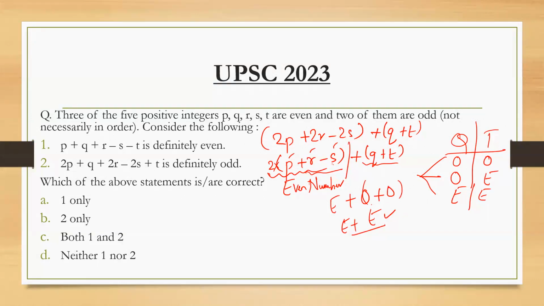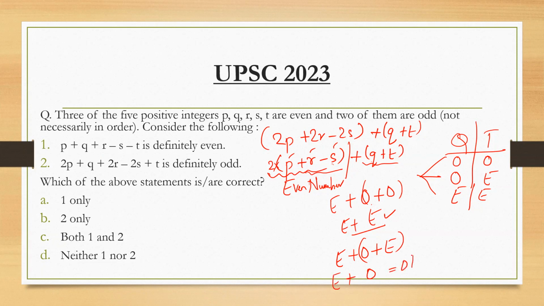Okay, second case scenario, till here we know it is even. From q and t it is odd plus even. What will happen here? Odd plus even would be odd.